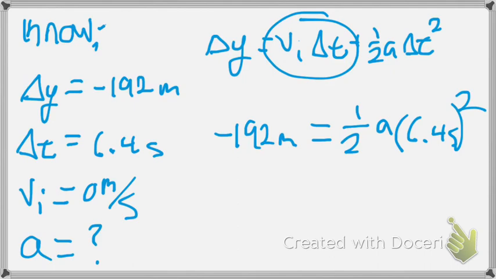So to begin with, we'll square 6.4 and I come out with 40.96. Is that what you get?